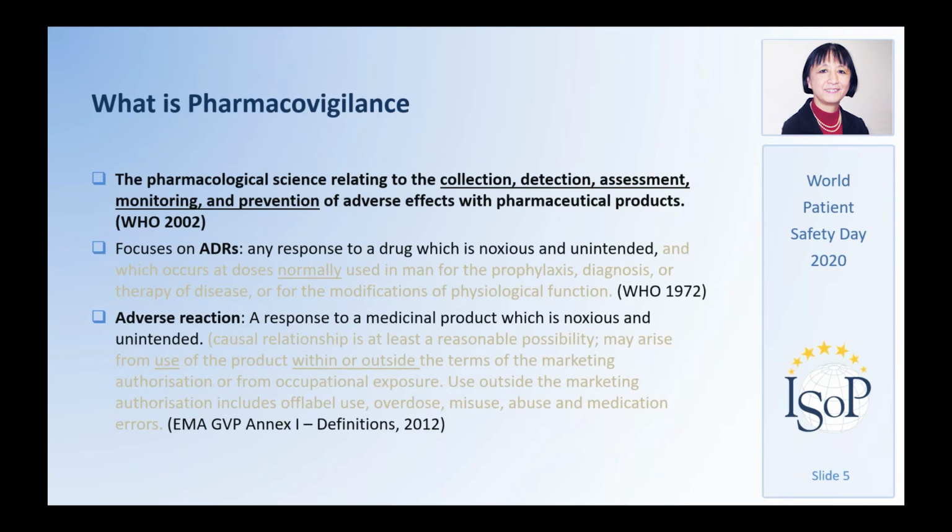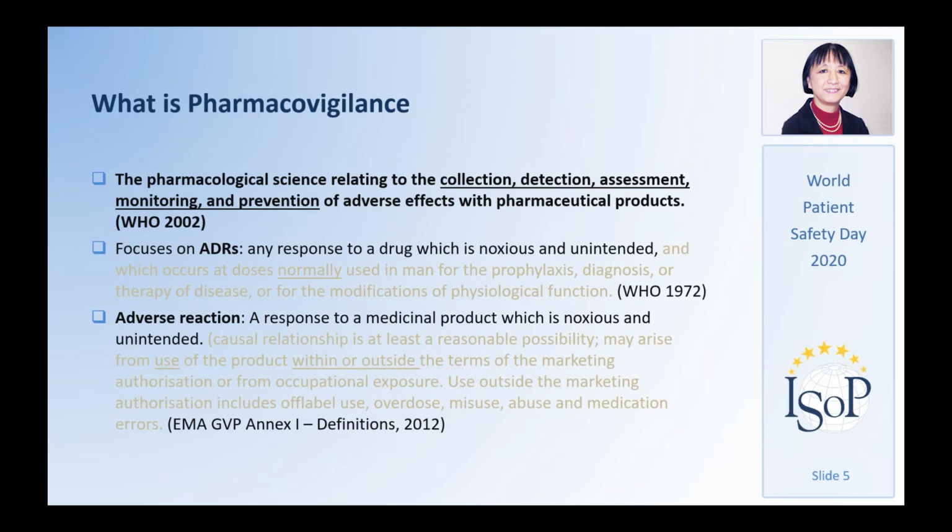What is pharmacovigilance then? Pharmacovigilance is a pharmacological science related to the collection, detection, assessment, monitoring, and prevention of adverse effects with pharmaceutical products. So the focus is on adverse drug reactions, which is any response to a drug which is noxious and unintended.